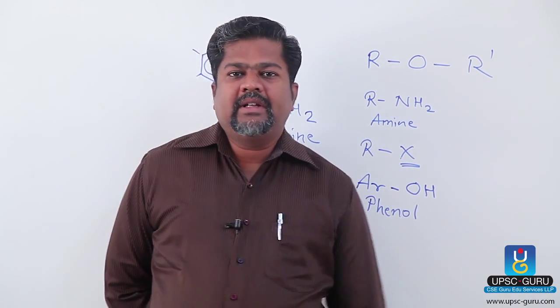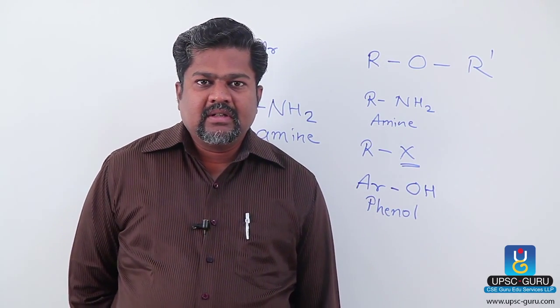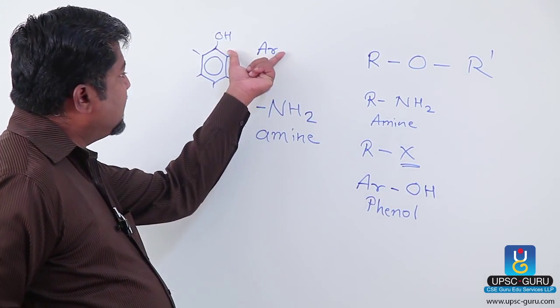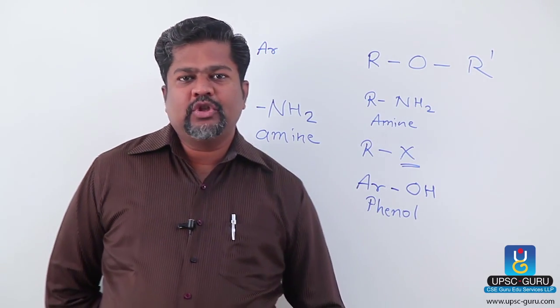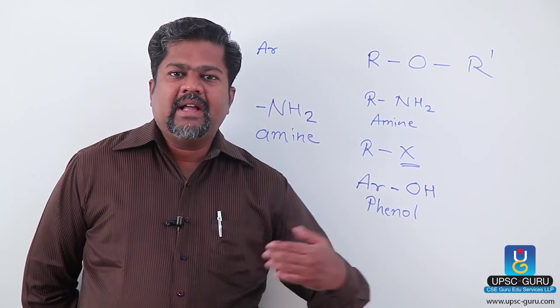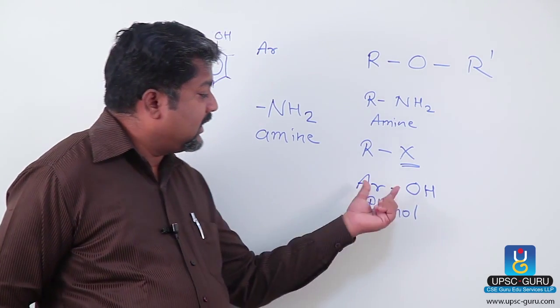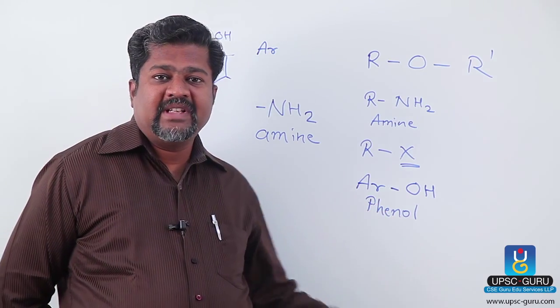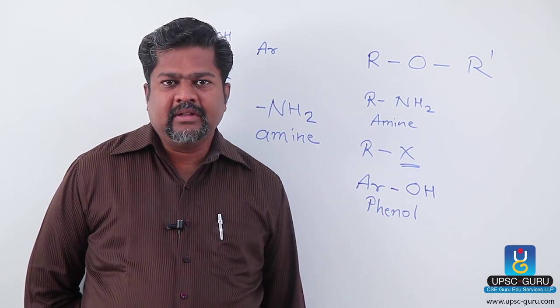Like that, various aromatic acids are also there. For example, if a COOH group is attached over here, we call that benzoic acid, and like that various substances are categorized under AR. So if an AR group is attached, then the compound is called an aryl compound or aryl radical.